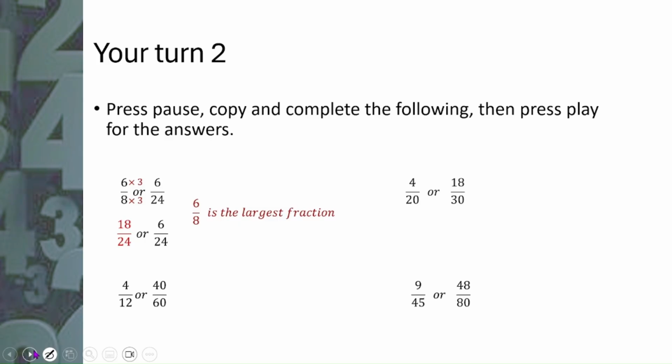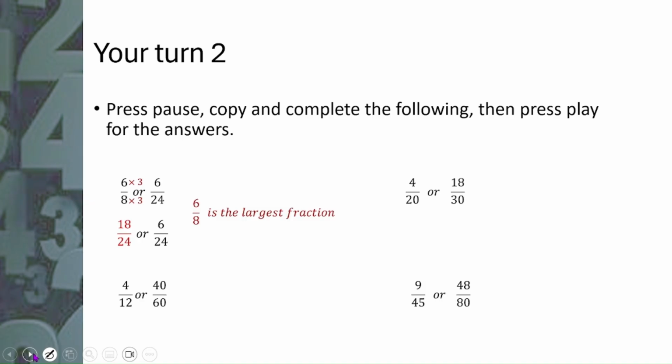Let's take a look at the next question in the top right hand corner, which is the largest, 4 over 20 or 18 over 30. Okay, so again, it's a 2-mark question, so do show some working out. Now I can't turn 20 into 30 and I can't turn 30 into 20, so we have to find a number that's common to both of them, and I think the number 10 would seem a good number to use.